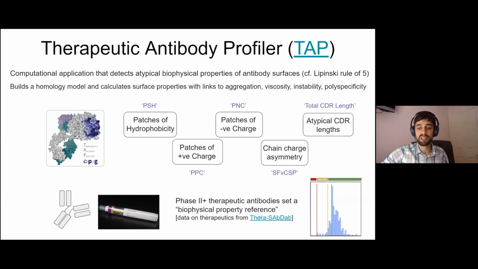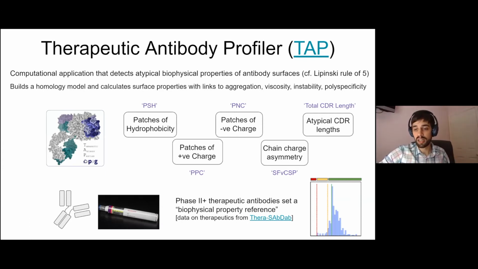And what we use to define whether this property is too bad or fine is a reference set of therapeutic antibodies that have made it to at least phase 2 of clinical trials. By this point, it's assumed that these antibodies are probably broadly developable, because if a company has invested past phase 2, it's likely that these engineering issues might have either been worked out or never cropped up in the first place.